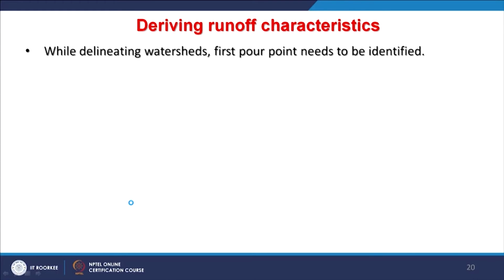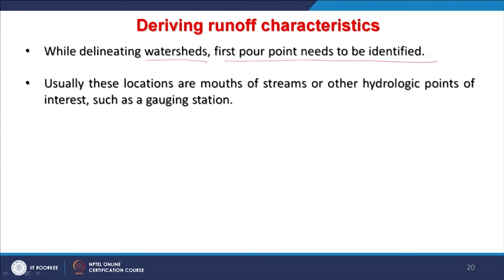Now, one of the outputs or derivatives of surface hydrologic modeling using a digital elevation model is delineating a watershed. For that, the pour point needs to be identified first. Usually these locations, the pour points or outlets, are the mouths of streams or other hydrologic points of interest such as gauging stations. In the beginning of this discussion, when we were discussing the terms we are going to use about watersheds, we already discussed this part.